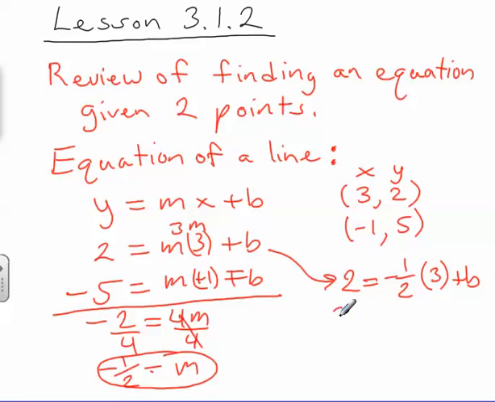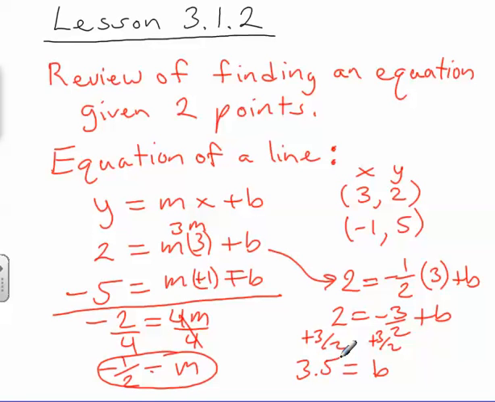So 2 equals -3/2 plus b. Add 3/2 to both sides. And so b will be, let's see, 3/2 is the same as 1 1/2, so that's 3 1/2.